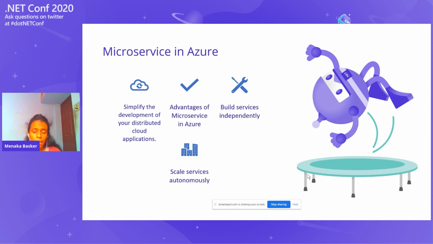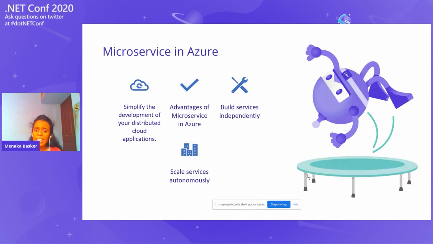That is the main reason why we are migrating to the microservice architecture. Even microservice architecture needs a certain amount of in-depth knowledge about gRPC or communication between two services, but it's very easy whenever we are going with a distributed cloud application. That is the advantage of using microservice in Azure.